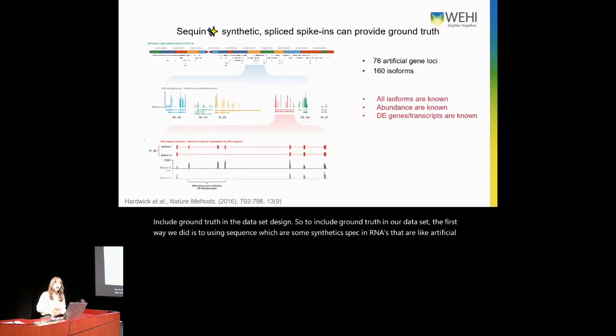Some of these genes are designed to have alternative splicing, and the transcripts are already mixed in known proportions into two mixtures, A and B. Because all the isoforms in the Sequins are known, and the abundances of all transcripts are known, we know which ones are truly differentially expressed between mixture A and B, so we can use it as one way to introduce ground truth to our dataset design.